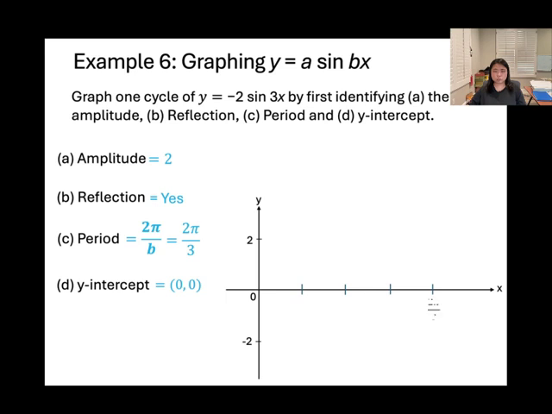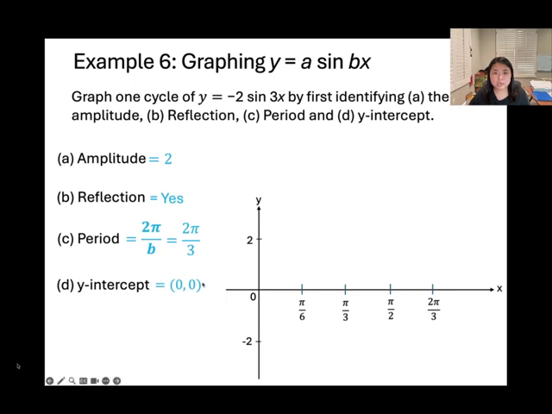Period, 2 pi over 3. And then one more time, we're supposed to divide by 2 because this is the fraction. So I'm going to multiply by 1/2. Times 1/2, that will be pi over 3. Times 1/2 again, pi over 6. And then we're going to times 3 here, so that will be pi over 2.